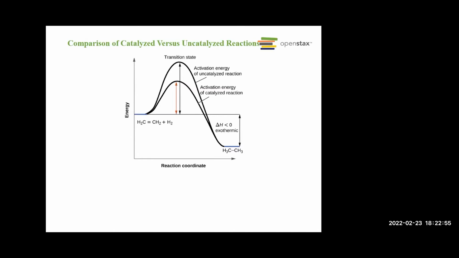Okay, so this is an example. If we take a look, normally this would be the activation energy, the energy that we have to accomplish without a catalyst. And then a catalyst basically cuts it in half. The way I like thinking of it is, you have this big hill, right?